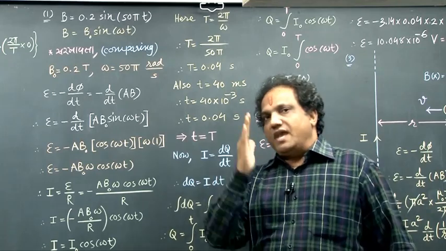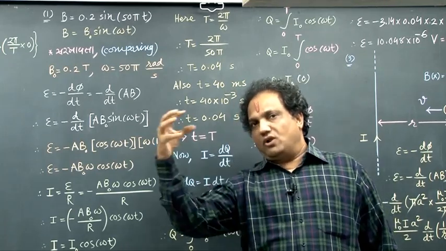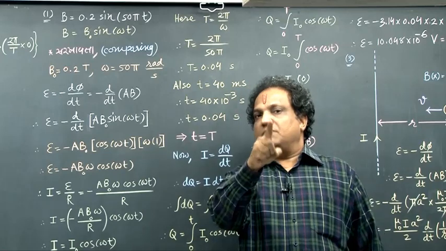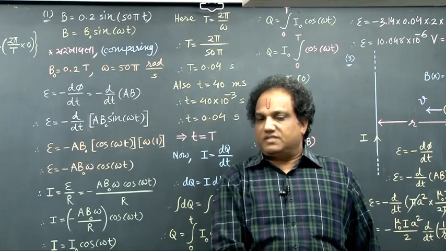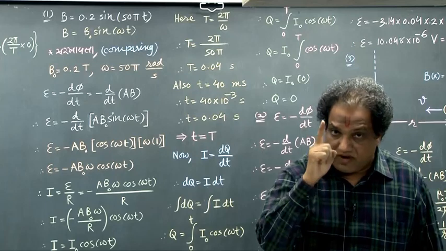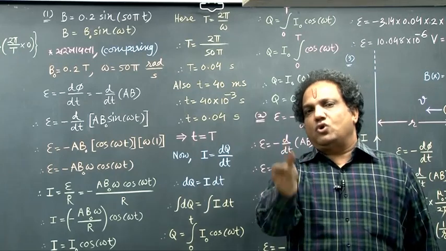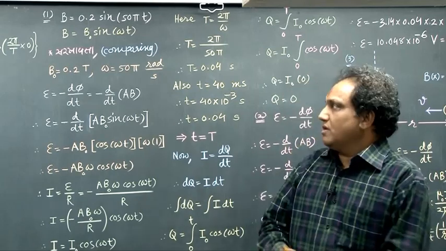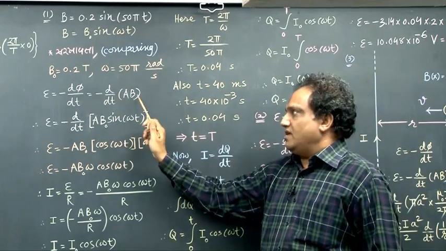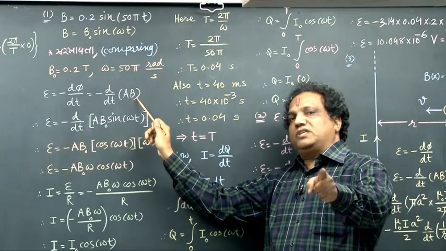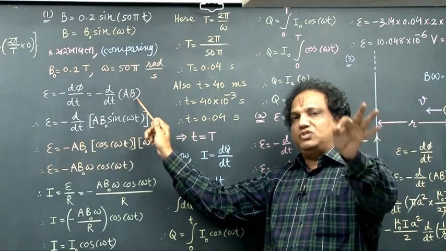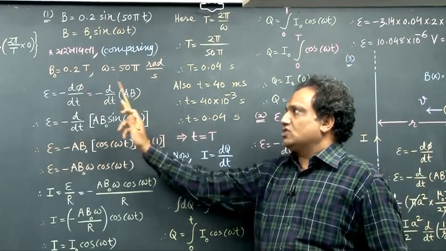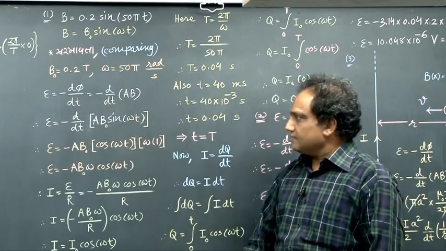But whenever any planar loop is perpendicular to a uniform magnetic field, at that time theta is 0, because theta is the angle between vector A and vector B. And when theta is 0, phi equals AB cos 0 degree. Cos 0 degree is 1. So remember, phi equals AB. Whenever a planar loop is perpendicular to the magnetic field, please use this short formula, phi equals AB.